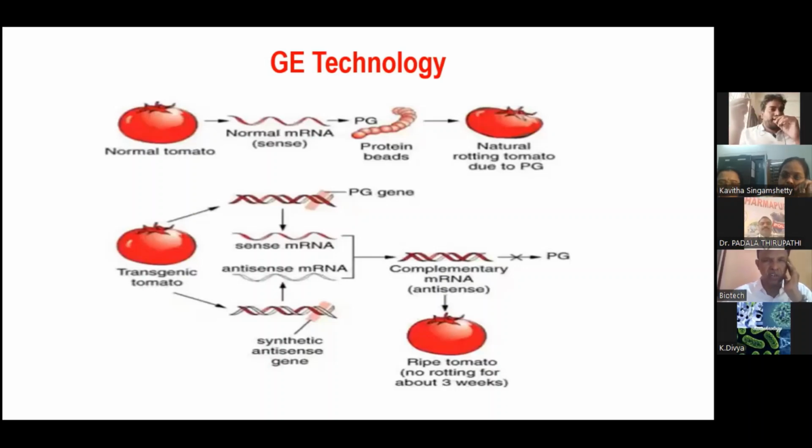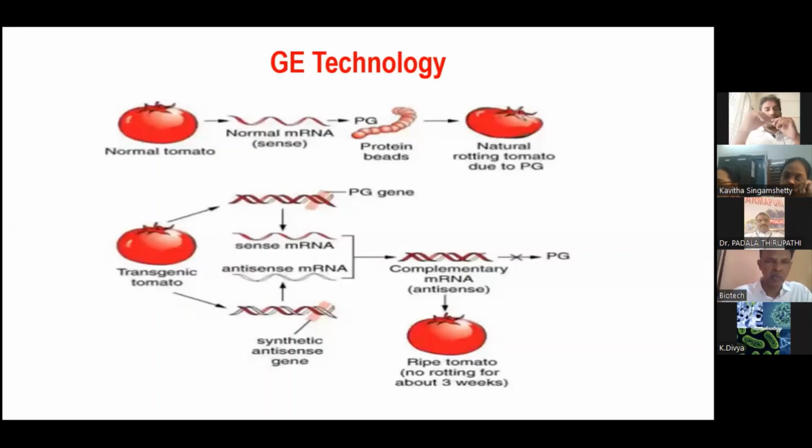I don't think in the near future they will permit transgenic fruit and vegetable cultivation, unless there is a lot of pressure from the seed industry or the corporate world. But for cotton, because it is not an edible thing, throughout the country today, at least in Telangana, all cultivation is BT cotton.